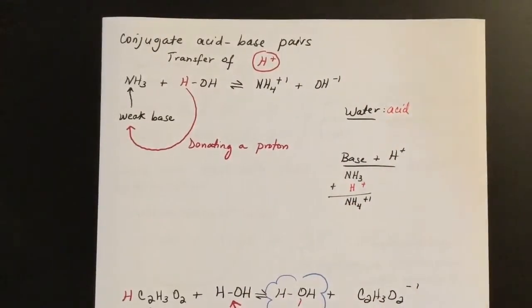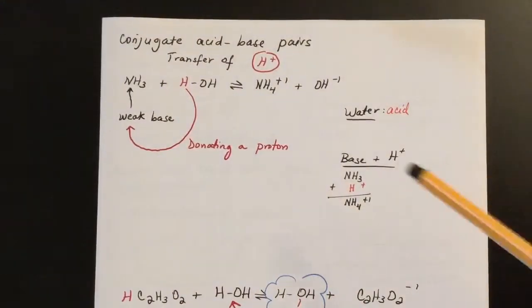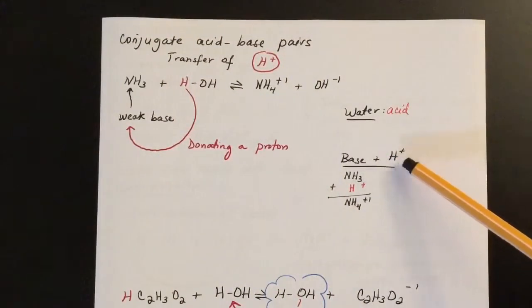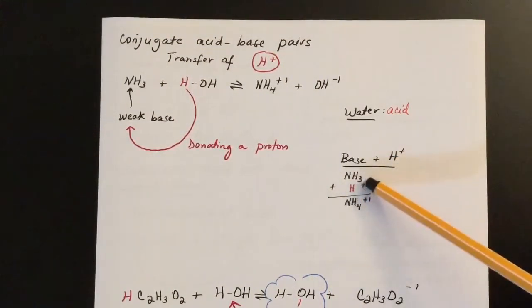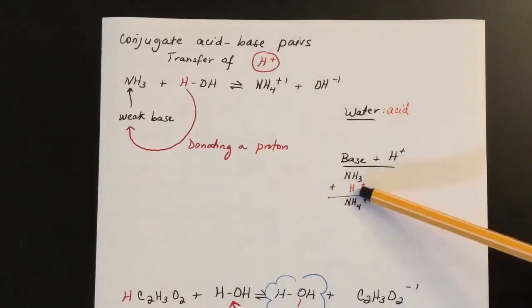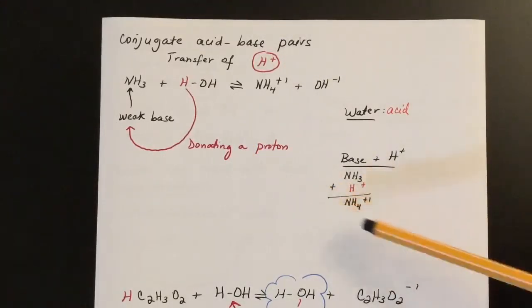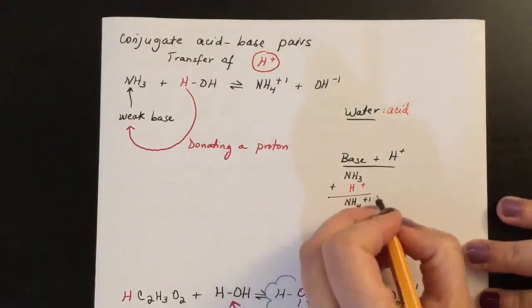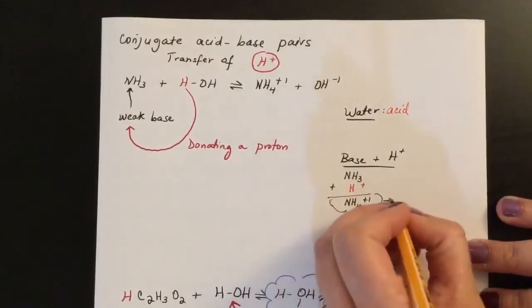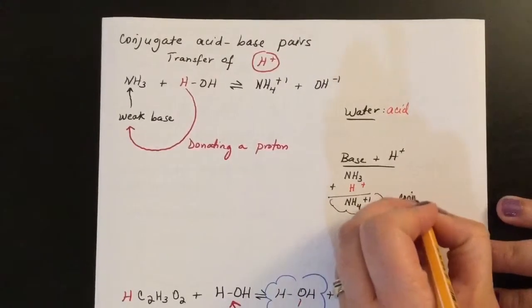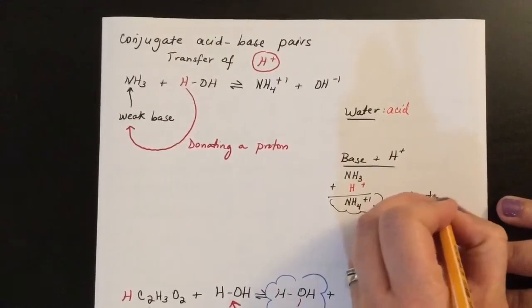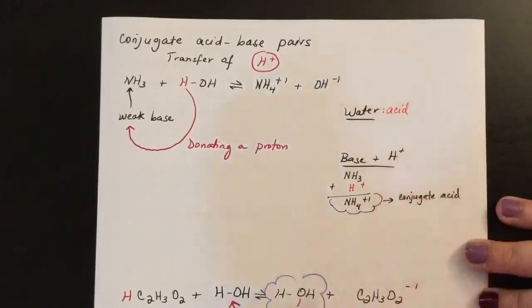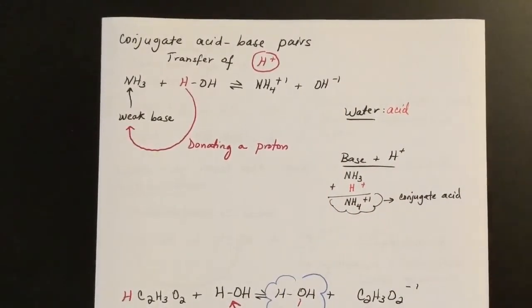And you have your charge of +1. So when the base is accepting a proton, this is what's happening with your NH3. And the product of that combination, base plus proton, is giving the conjugate acid.